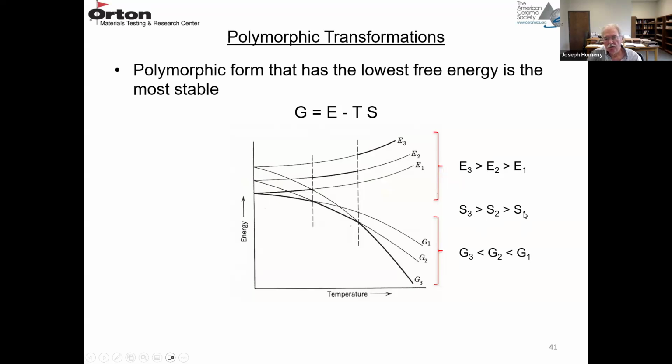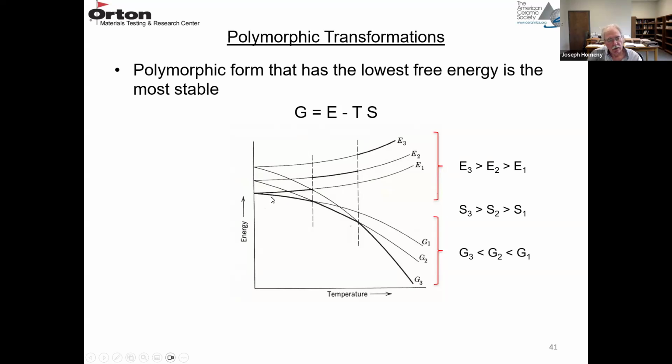The entropies are going to follow the same trends as the internal energies E. So S1 is less than S2 is less than S3. If we look at three different temperature regions here, separated by these vertical dashed lines, in the first region, the lowest temperature region, you can see G1 follows this path.